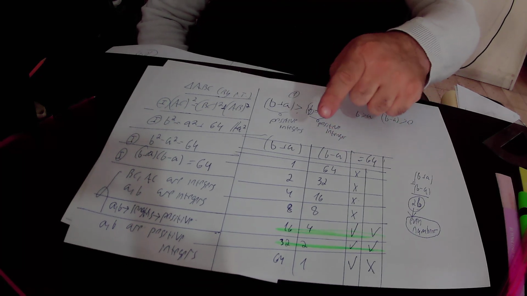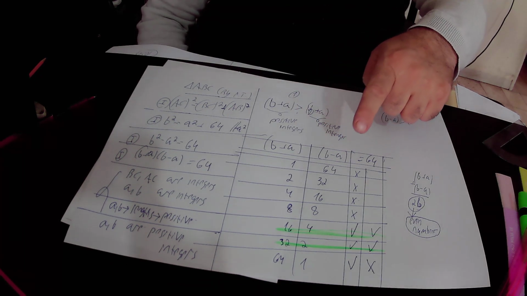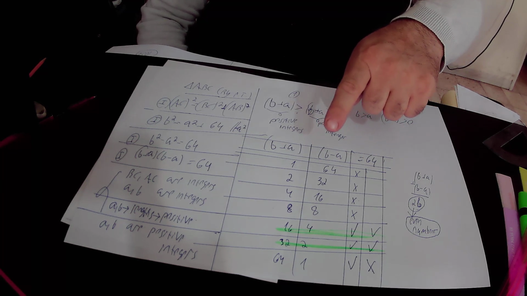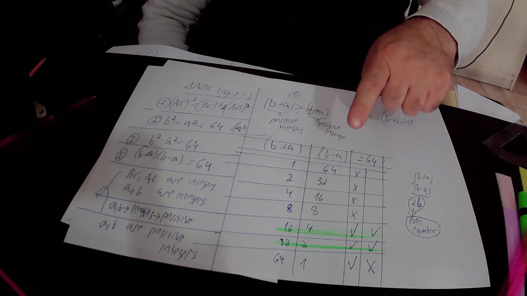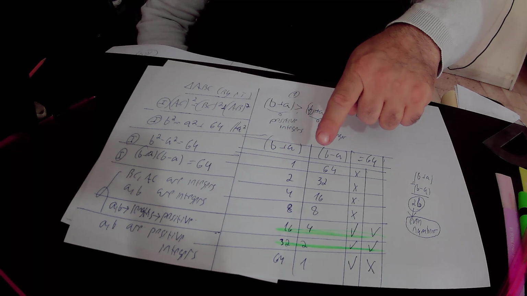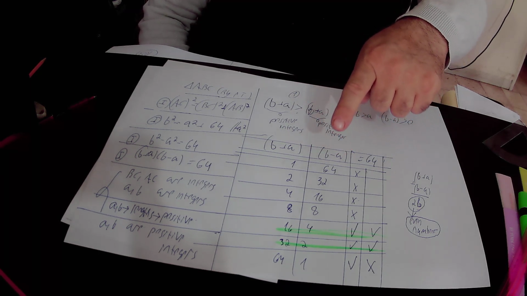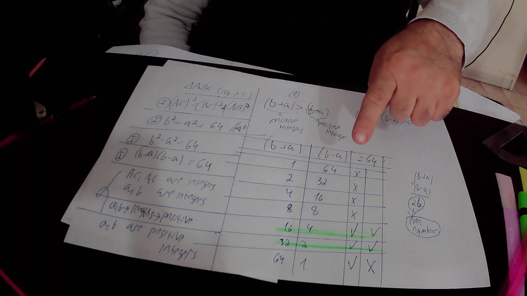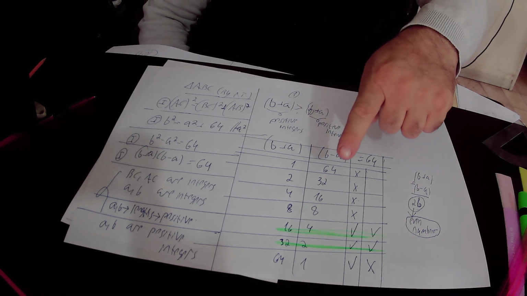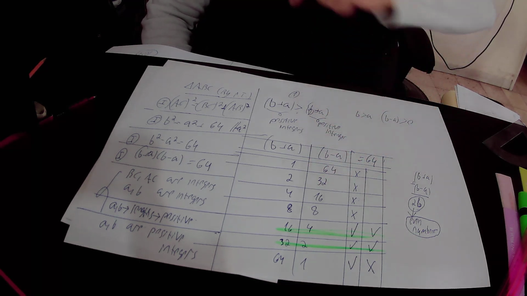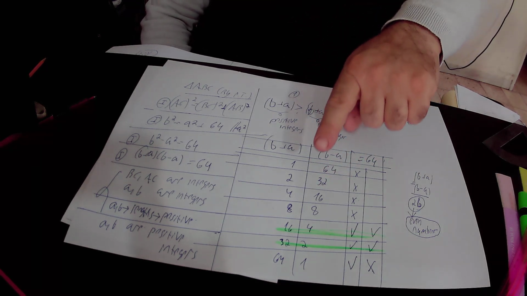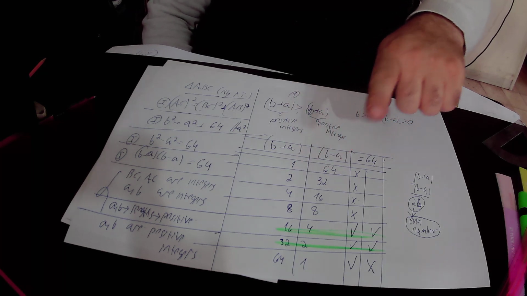Either B plus A is 2 and B minus A is 32. Either B plus A is 4 and B minus A is 16. Or B plus A is 8 and B minus A is 8. B plus A is 16 and B minus A is 4. B plus A is 32 and B minus A is 2. And the last option is that B plus A is 64 and B minus A is 1.